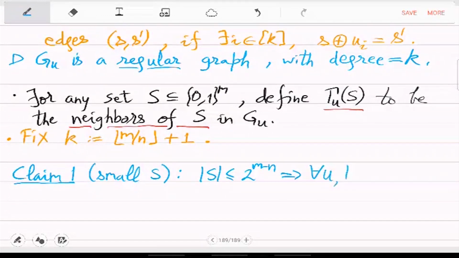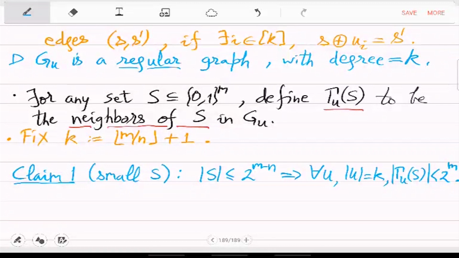For all U of size k, gamma U S is small.